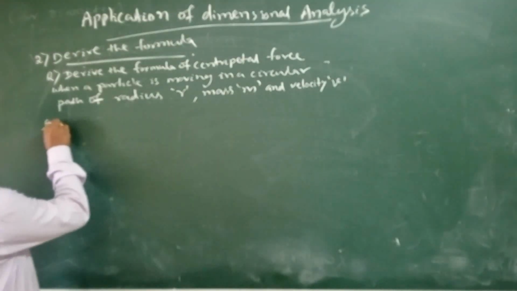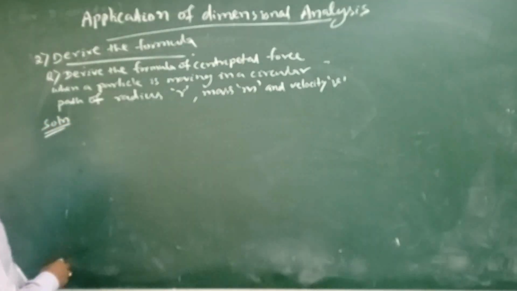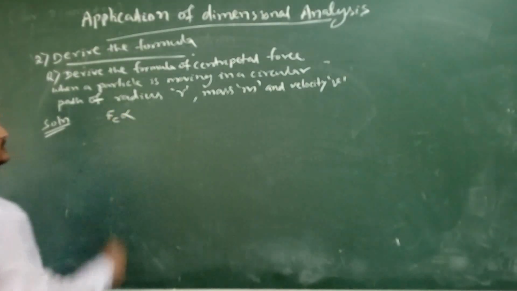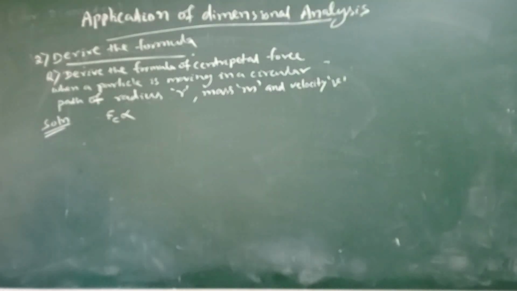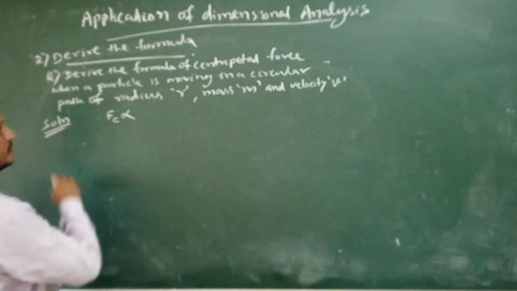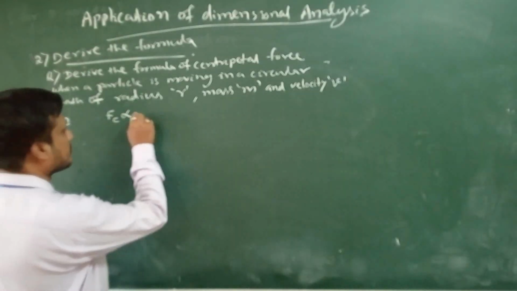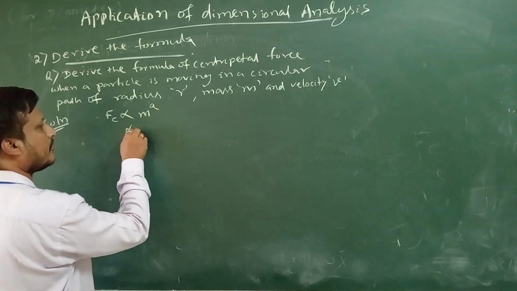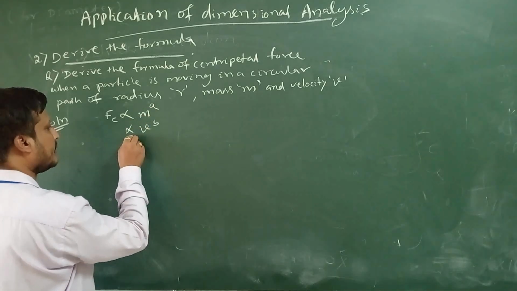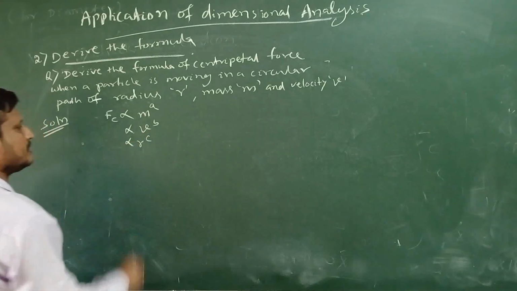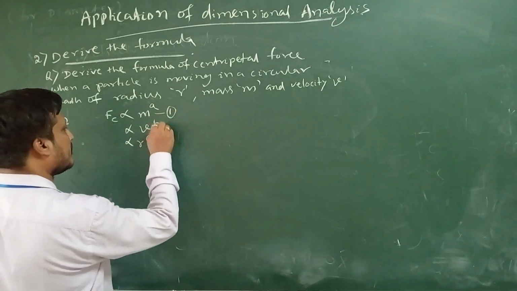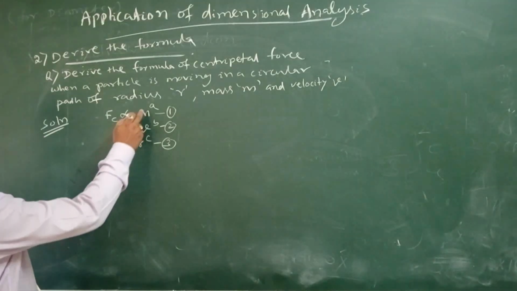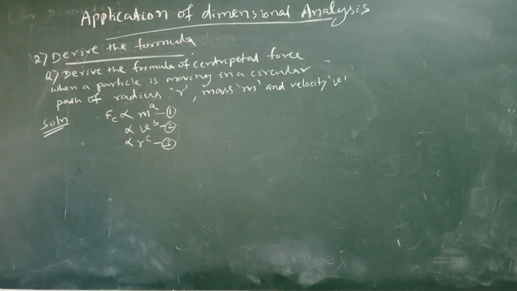So solution: first we have to know what factors centripetal force depends on. Centripetal force is Fc, right? So what are the factors? Mass to the power a, velocity to the power b, and radius to the power c. This is equation number 1, equation number 2, and equation number 3. a, b, c are constants.